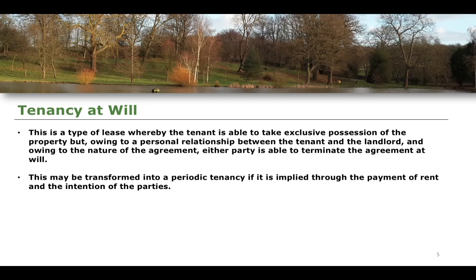This may then be transformed into a periodic tenancy if it is implied through the payment of rent and the intention of the parties. Again, the ones that we're looking at now are far less common in any kind of agreement, but they just exist in law as possible types of leases that can exist.